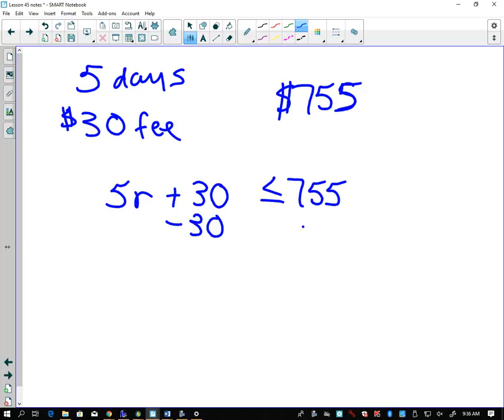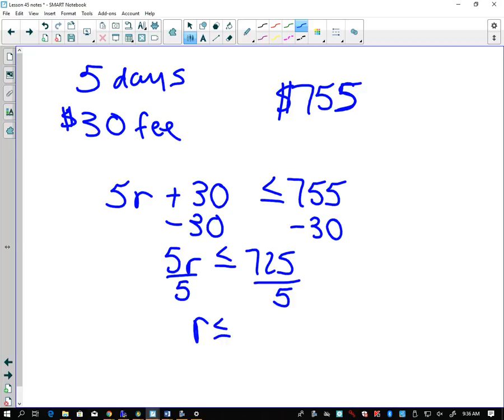Subtract 30 from the 755. Okay, so it gives me 5R is less than or equal to 725. Okay, what do we want to do next? Divide by 5 on both sides. Sounds good to me. All right. What's 725 divided by 5? Abby?